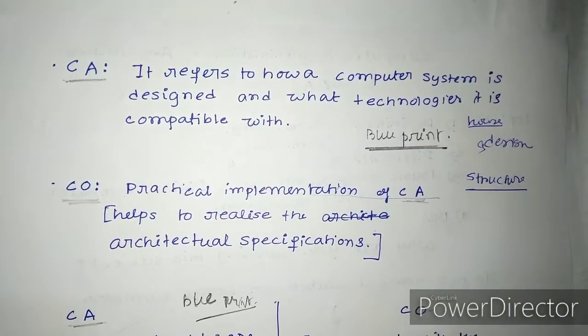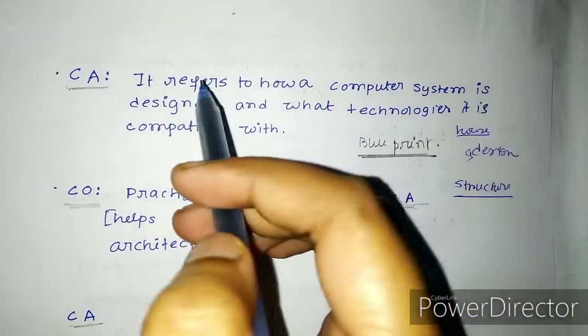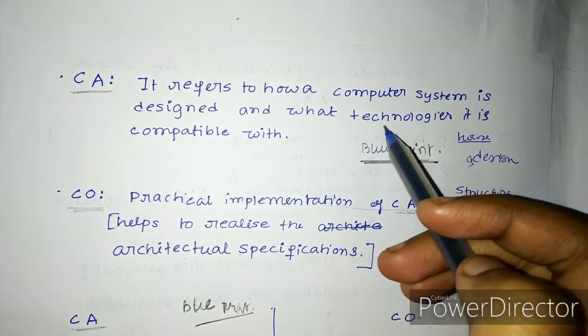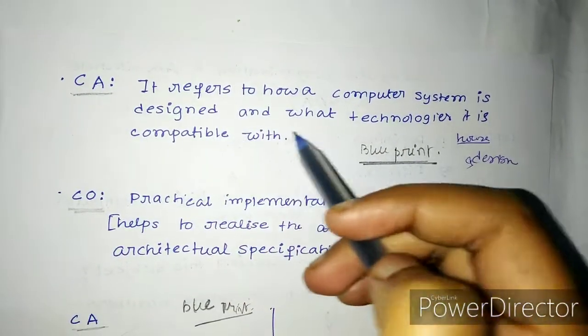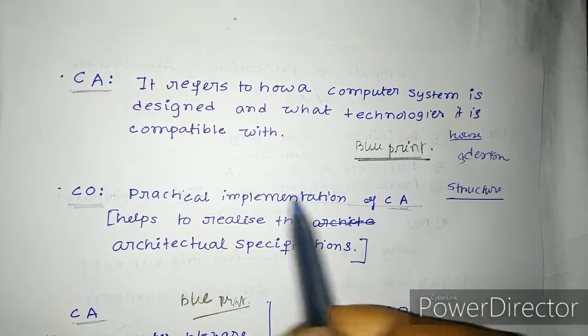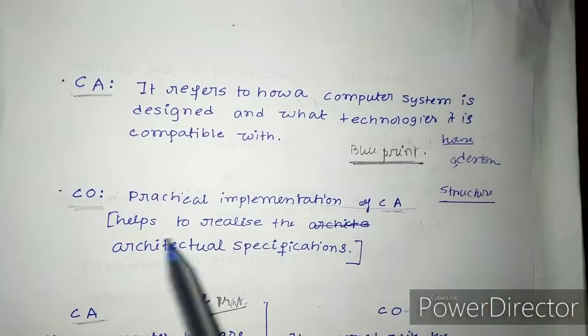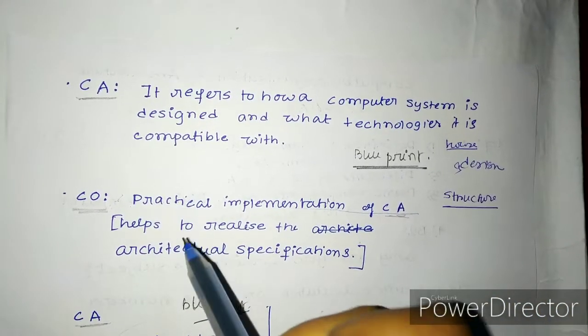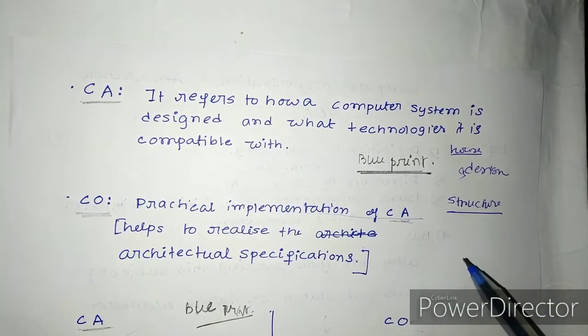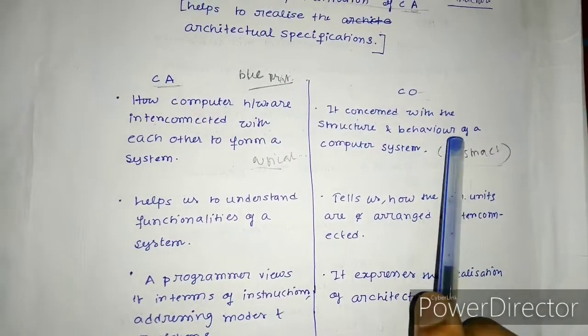Same with computer architecture and organization. Computer architecture refers to how a computer system is designed and what technologies it is compatible with. On the other hand, CO is the practical implementation of that architecture. It helps us to realize the architectural specifications. Okay? That is the difference between these two.